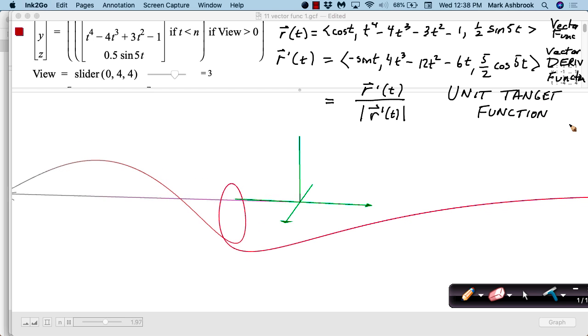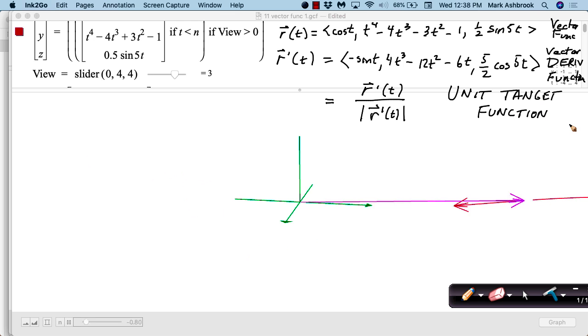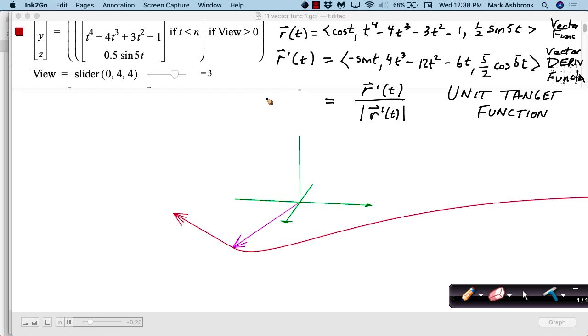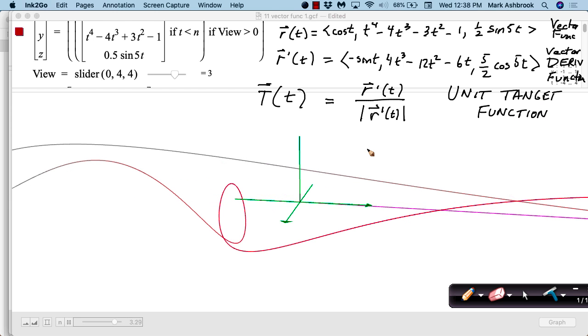Each of those vectors is a unit vector that's tangent to the function, or points in the direction that the function is being swept out. So we use capital T for that. Capital T is the unit tangent function. It gives a set of unit tangent vectors.